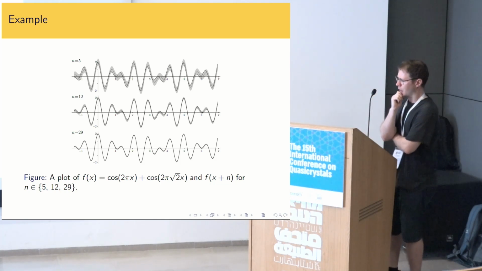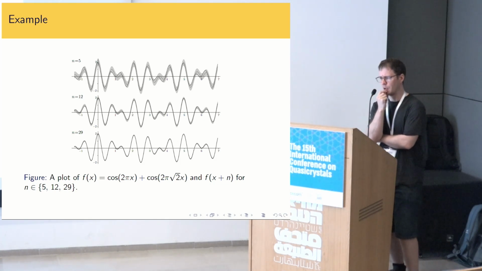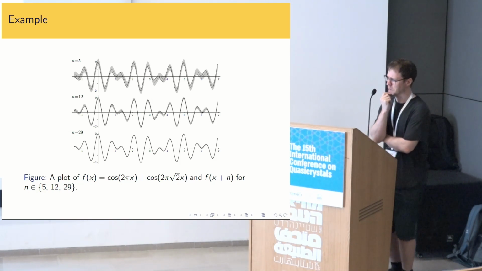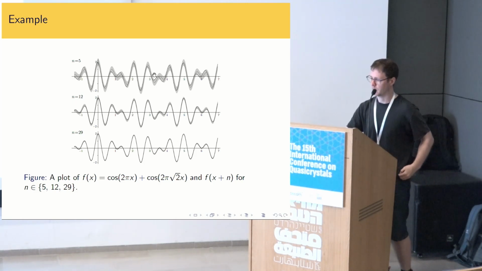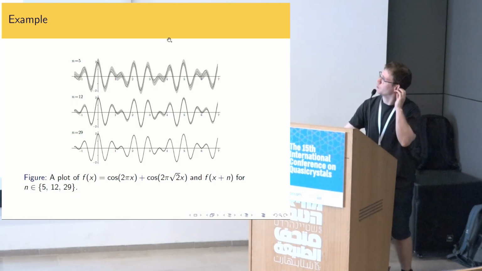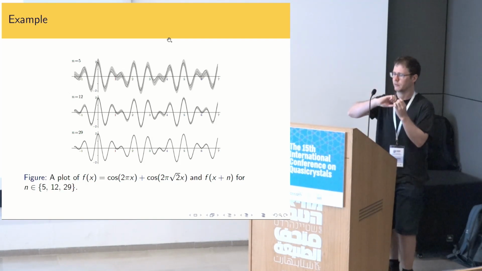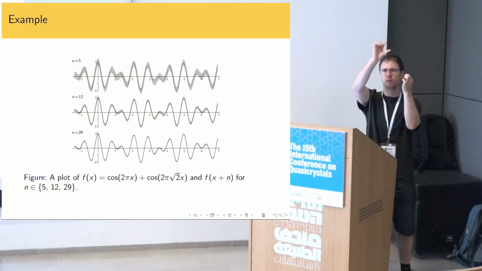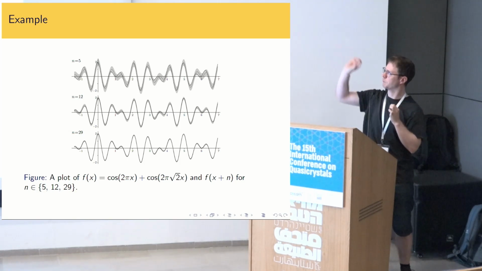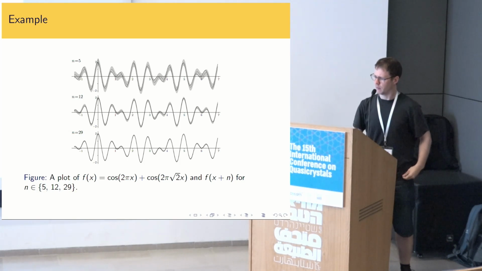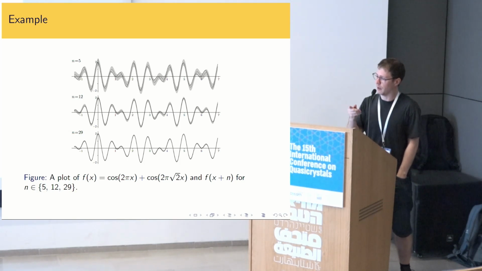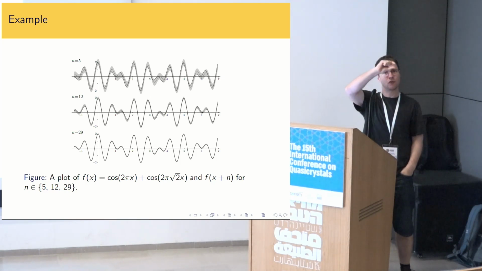But what happens if I shift the function by, let's say, 5? Then we see in the first line that if I take the function f and draw a slope around this function, then f of x plus 5 is still in the slope.